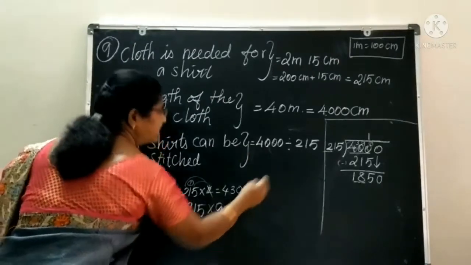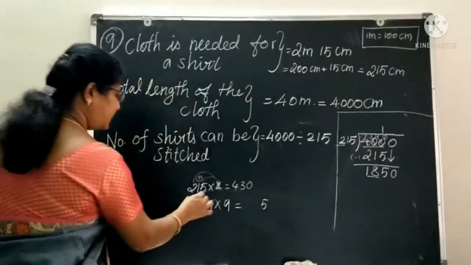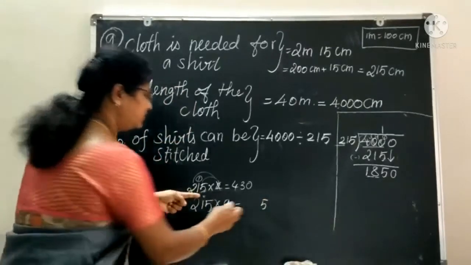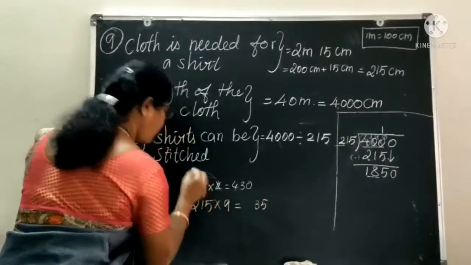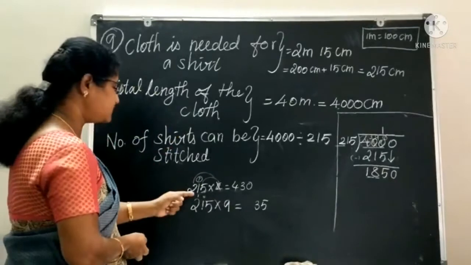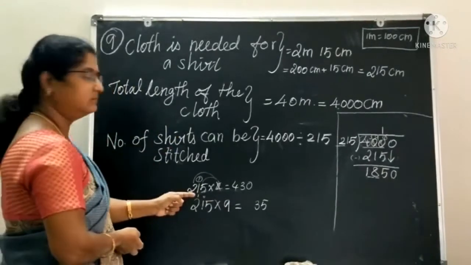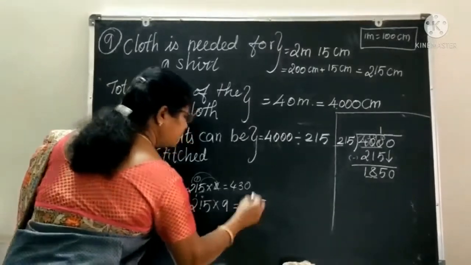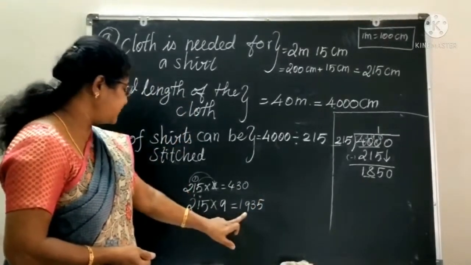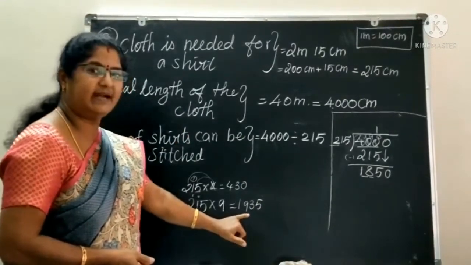215 into 9. 5 9's are 45. Balance 4. 1 9 is 9. 9 plus 4, 13. Balance 1. 2 9's are 18. 18 plus 1, 19. So when you multiply 215 by 9, we will get 1935.